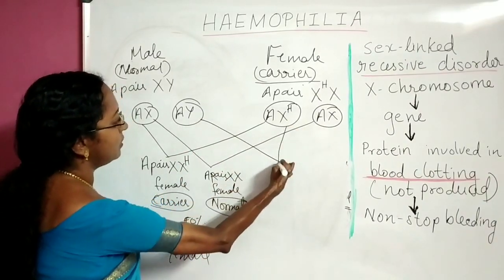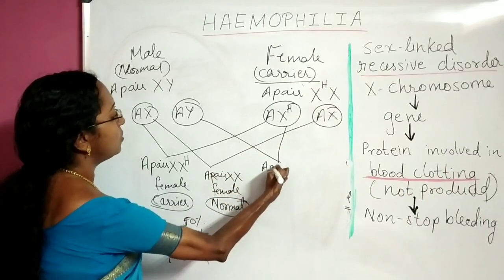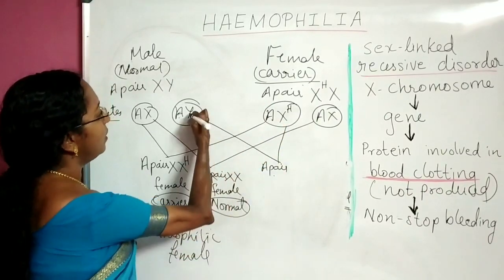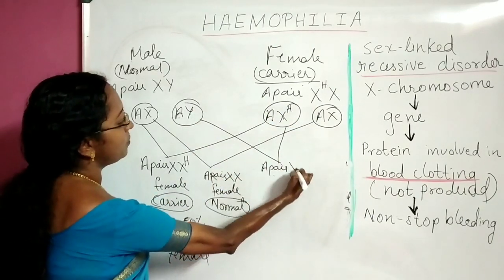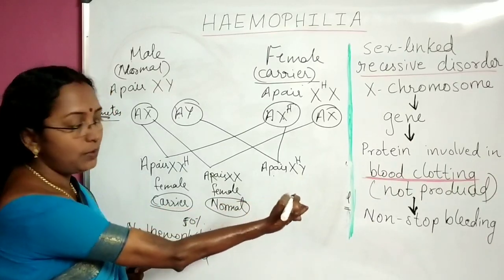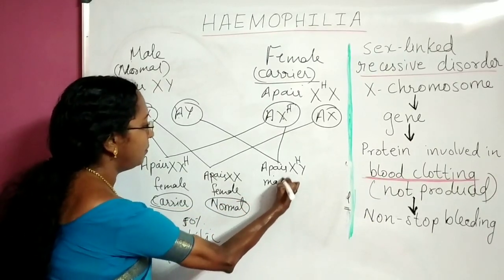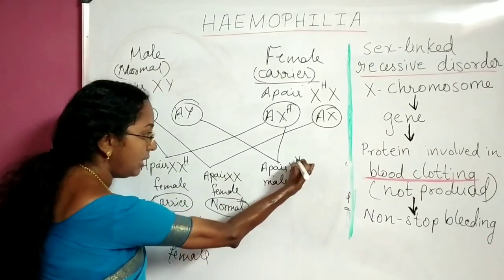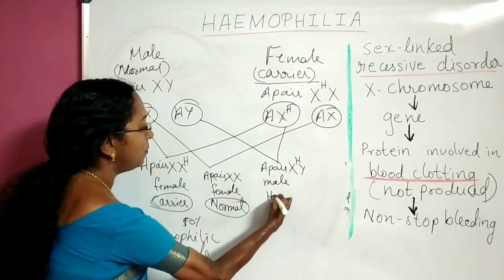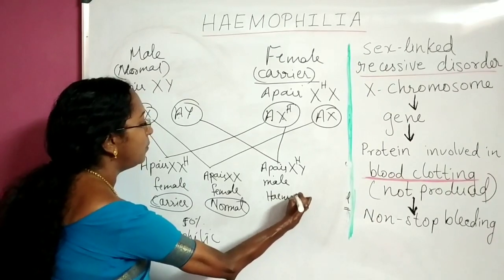This one crossed with the other gamete here. So autosome pair, autosome and autosome pair, Y chromosome and XH chromosome. So I am writing here XHY. Since the chromosomes are X and Y, the progeny is a male. Since there is XH here, this male progeny is affected or the male progeny is haemophilic.